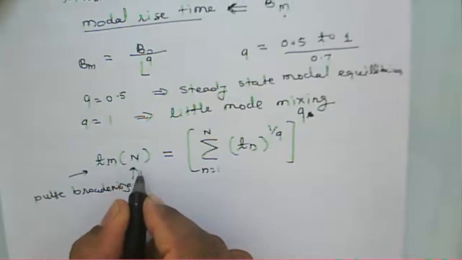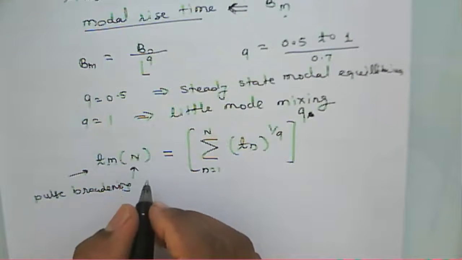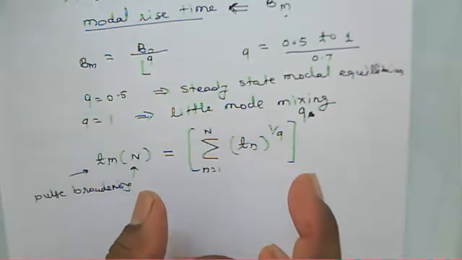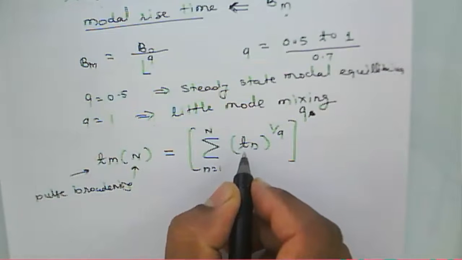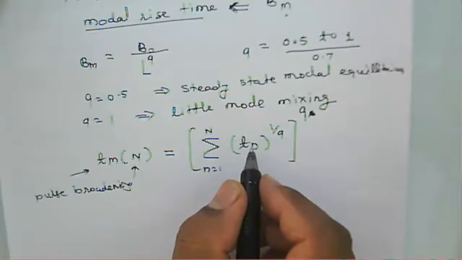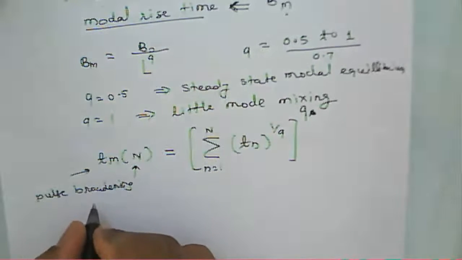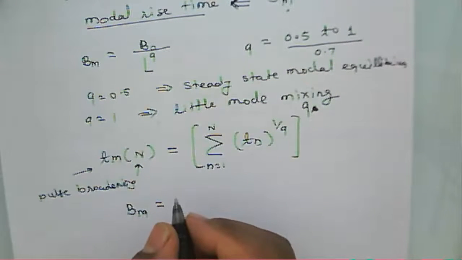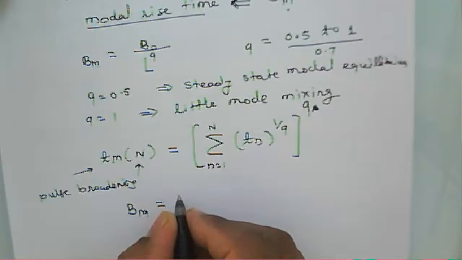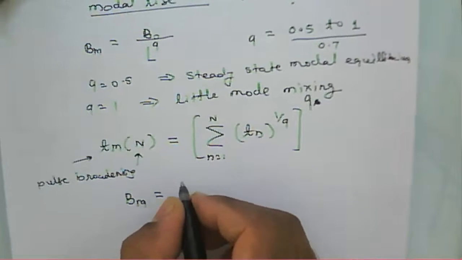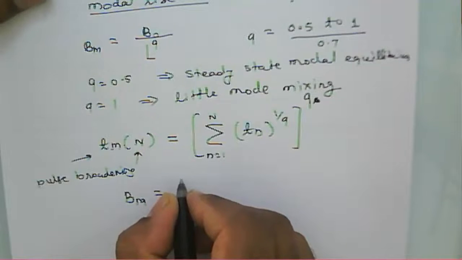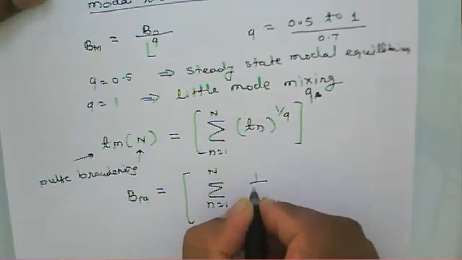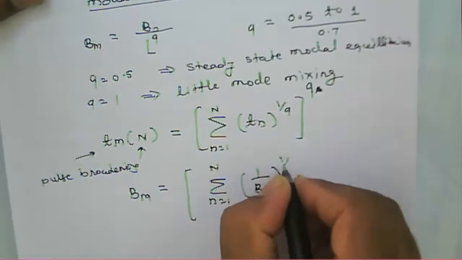Here N is the total number of cable sections for this given length of the fiber, and Tn is the pulse broadening of each section. Or we can find out Bm based on a curve fitting of this particular dispersion: the sum of n equal to 1 to N of 1 by Bn raised to 1 by q.